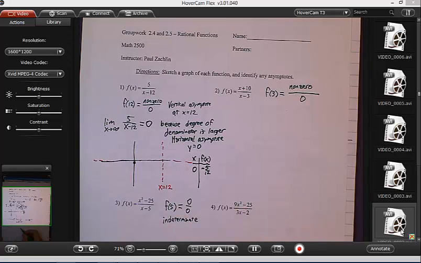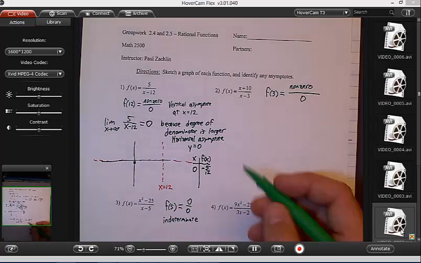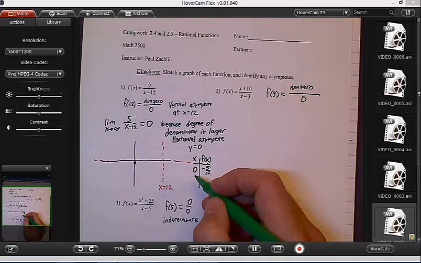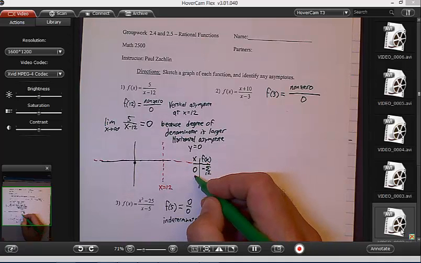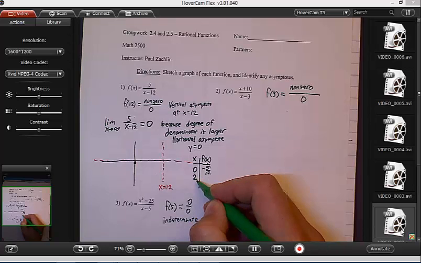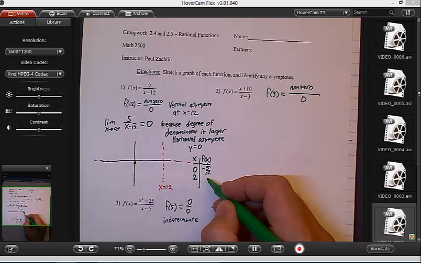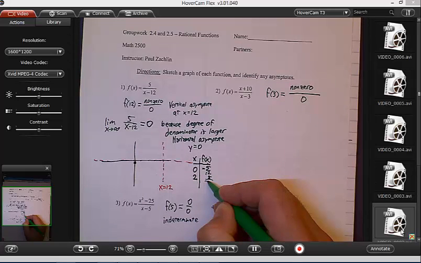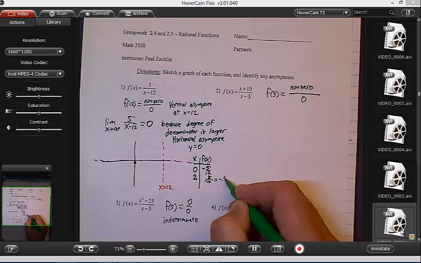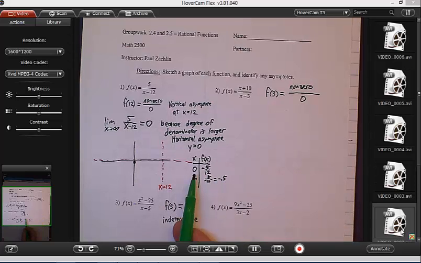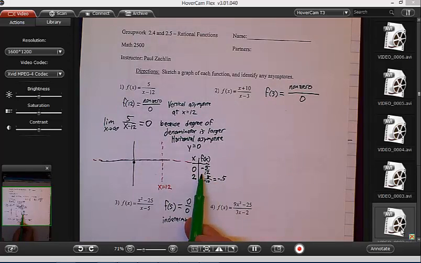Maybe I'll throw in something a little bit nicer. Maybe I'll throw in a 1 or a 2. Let's throw in a 2. And now I'm at 5 over -10, which is -0.5. Okay? Which, you could see, -5/12 is closer to 0 than -1/2, because that'd be -6/12.